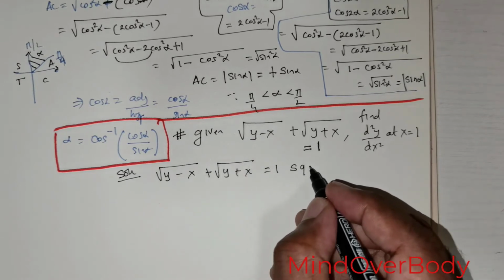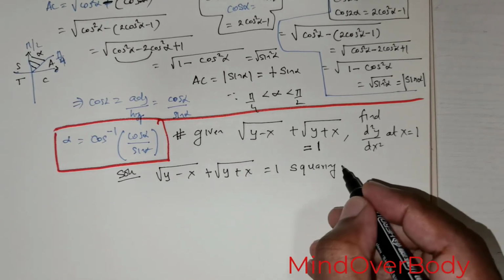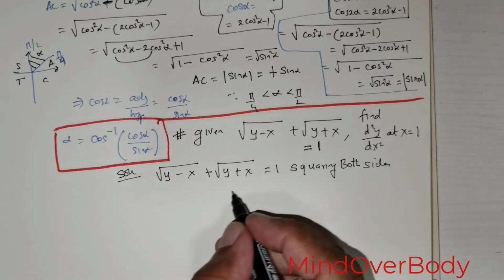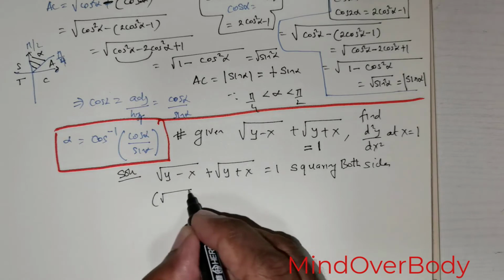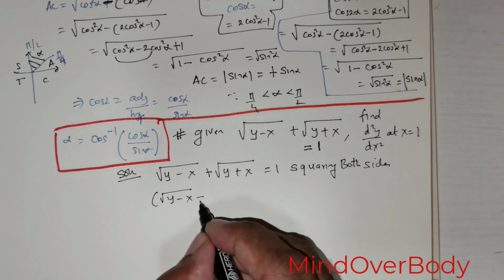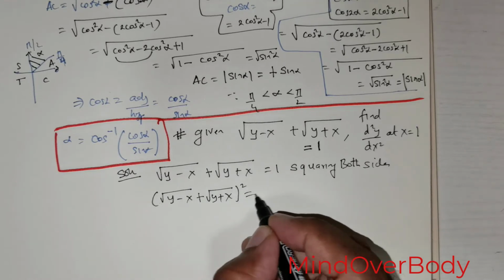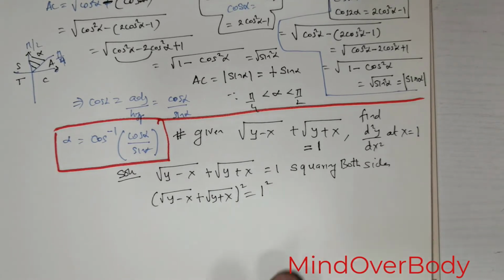I'm going to be squaring both sides. So if I were to square both sides, this is going to give me root of y minus x plus root of y plus x, raised to the power of 2, equal to 1 squared.